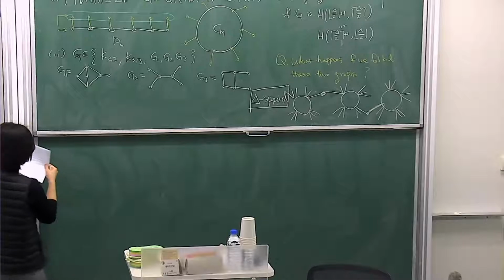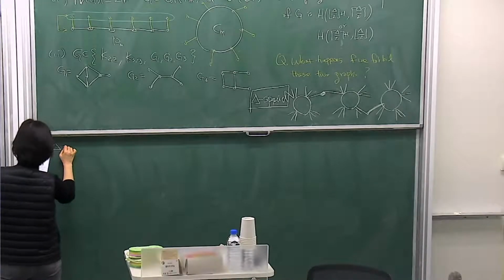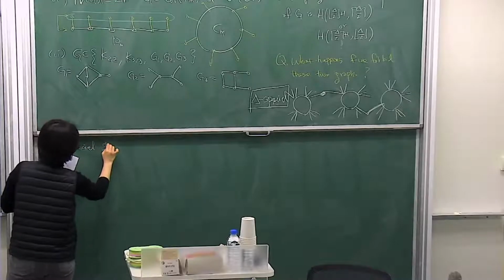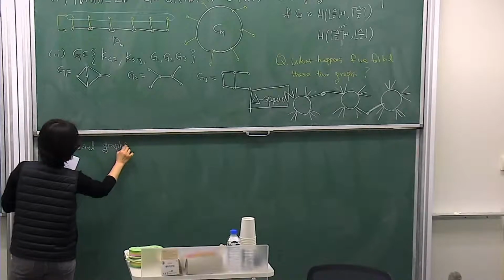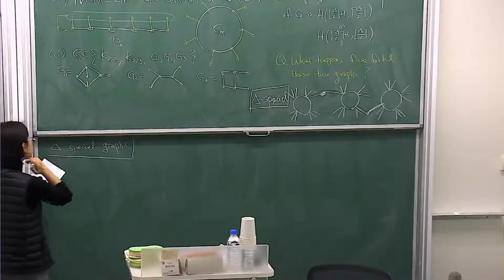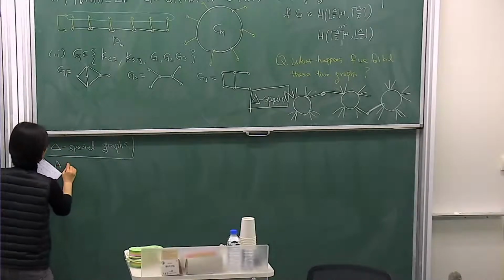Now I will define formally this delta-special graph. First of all, it is a connected graph.